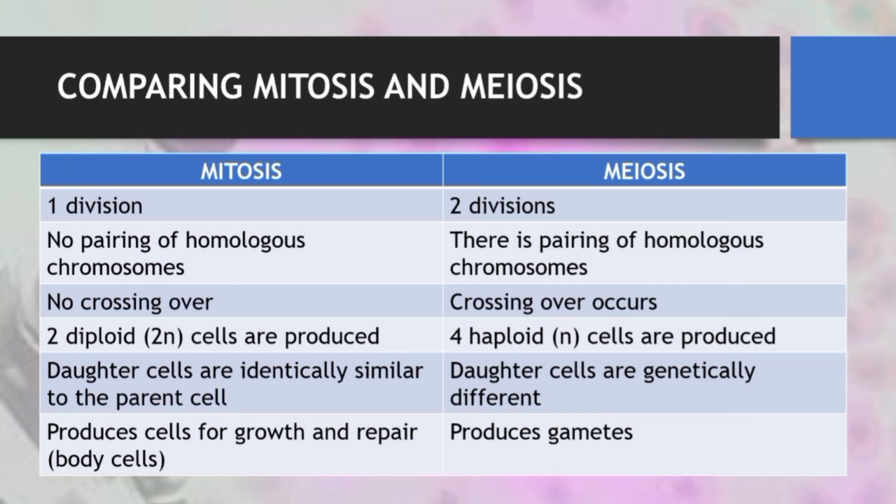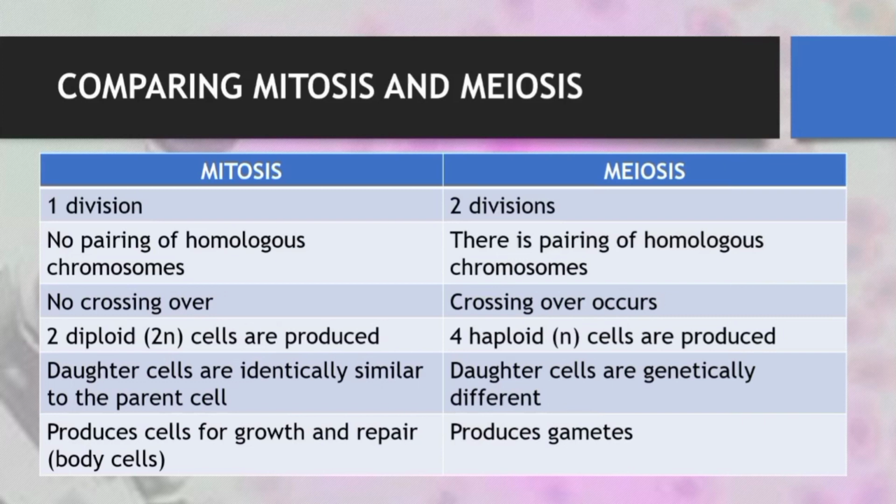Next, in mitosis, there is no pairing of homologous chromosomes. Walang pairing. However, in meiosis, there is pairing of homologous chromosomes. Na-mention ko na kanina what homologous chromosomes are. Then, for mitosis, no crossing over. However, in meiosis, there is crossing over. Please take note of the importance of crossing over.